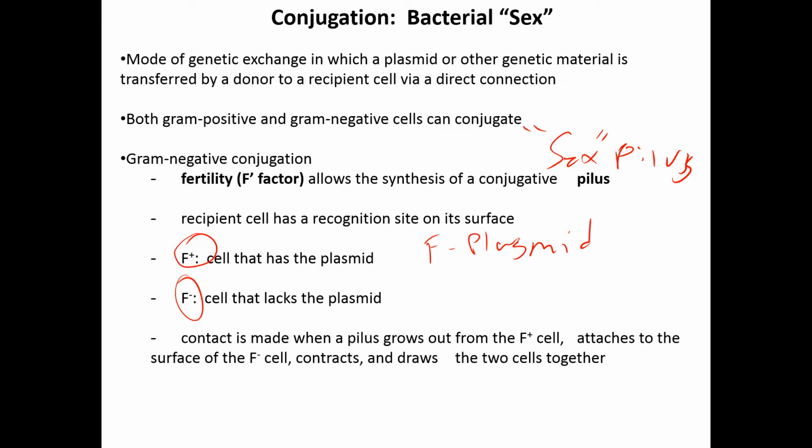The F- cell is kind of drawn in and fuses. The membrane of the bacterial cell fuses with that of the F+ cell, and you have the exchange of part of the plasmid between the F+ and F- cell. So you have the transfer of this plasmid from one bacterial cell to another.